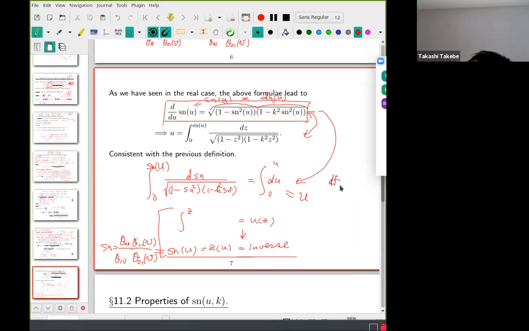To solve this kind of differential equation, we rewrite this like this and then integrate.